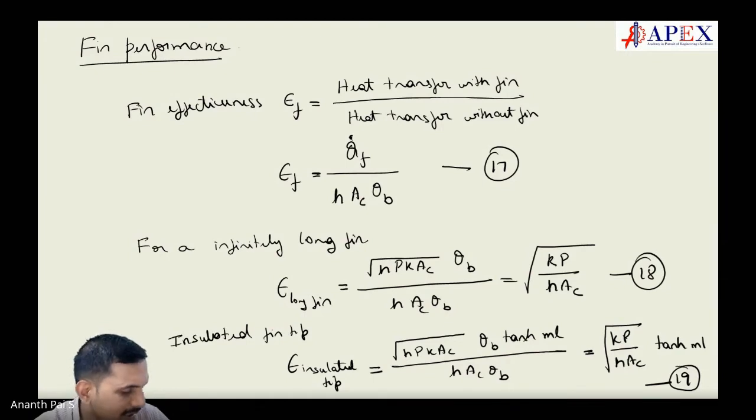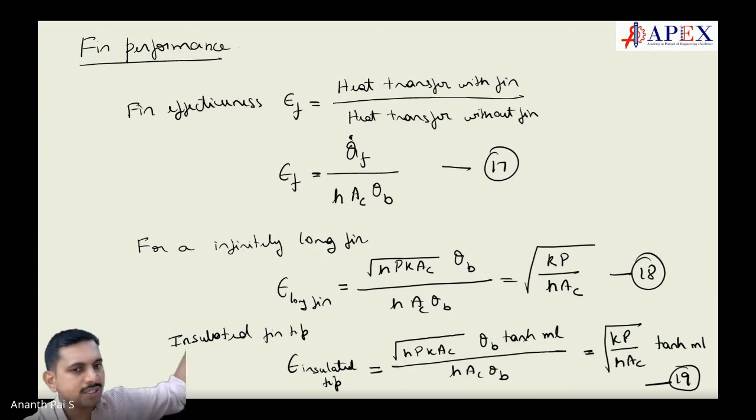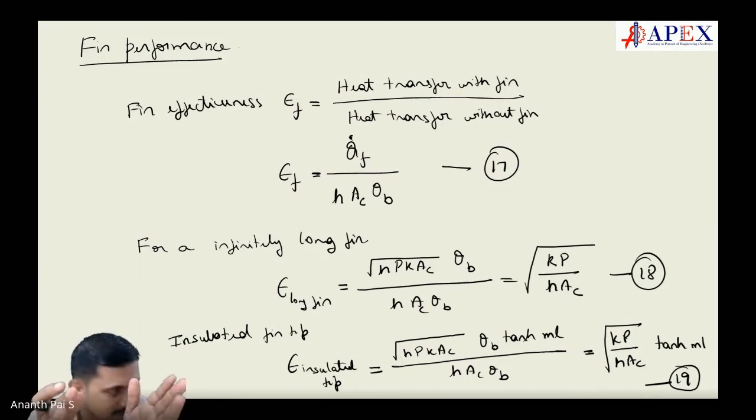Once you are okay that we have to use it, then we go with fin efficiency. So this is fin performance in two ways: one is fin effectiveness, and another one is fin efficiency, which we have not discussed yet. Now we have discussed only fin effectiveness. We are done with the fin effectiveness.